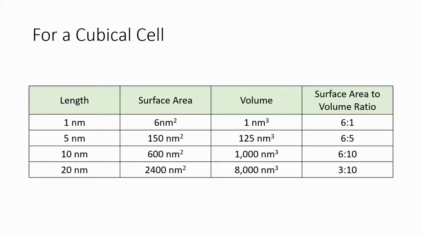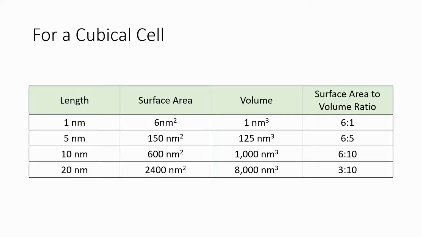If it had a length of 5 nanometers, now that ratio changes. Instead of being 6 to 1, it's 6 to 5. If our length is now 10 nanometers, then our ratio is going to change even more. Instead of being 6 to 1 or 6 to 5, it's 6 to 10. And when we double that last one to get 20 nanometers, our ratio decreases even more.